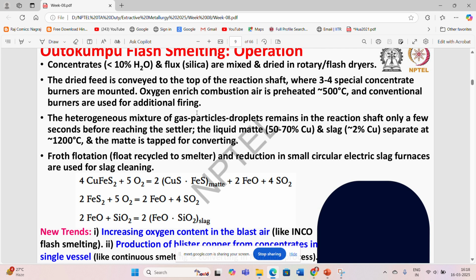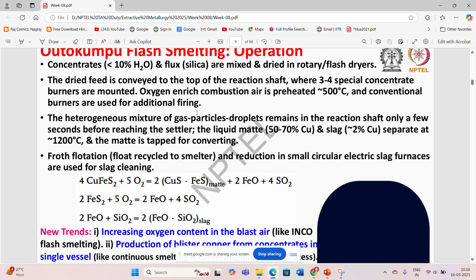The heterogeneous mixture of gas, particles and droplets remains in the reaction shaft only a few seconds before reaching the settler, which contains liquid matte containing 50 to 70% copper and slag containing around 2% copper. These are separated at around 1200 degrees Celsius in the hearth region of the furnace, and the matte is tapped for the converting process.